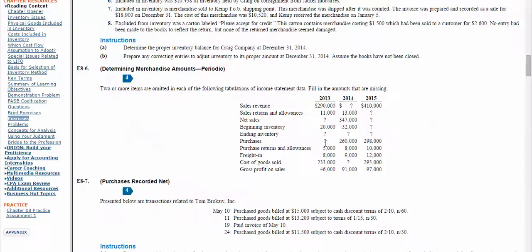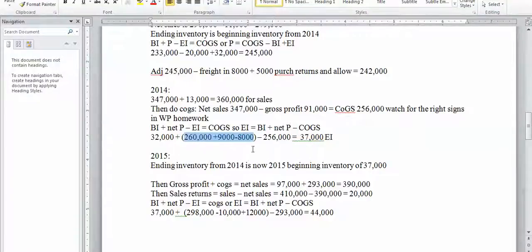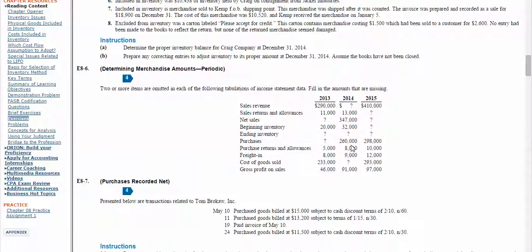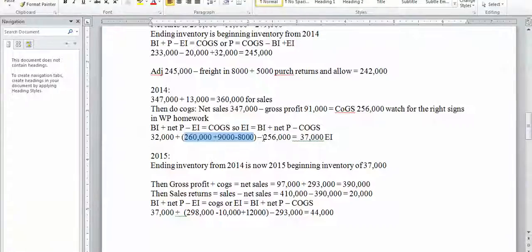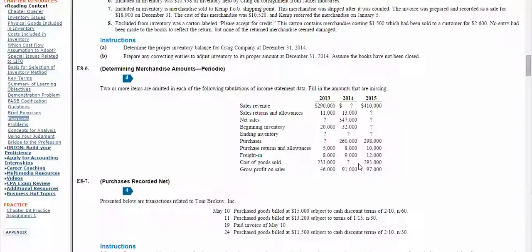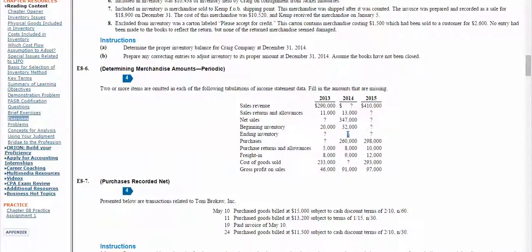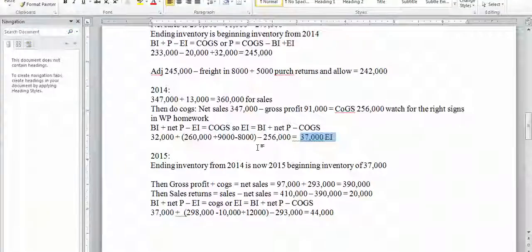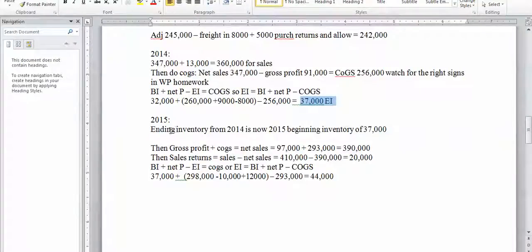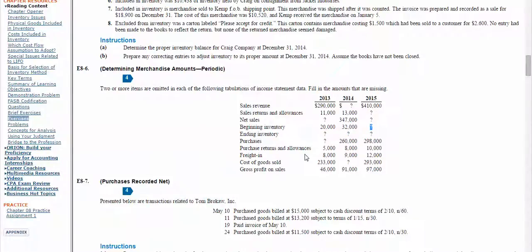Now we want the net purchases, so we take the net 26,000 plus the freight minus the returns, minus cost of goods sold, which we calculated earlier, 256. If we take this, we get 37,000 as our ending inventory. Our ending inventory for 2014 is the beginning inventory for 2015, and we know that already.